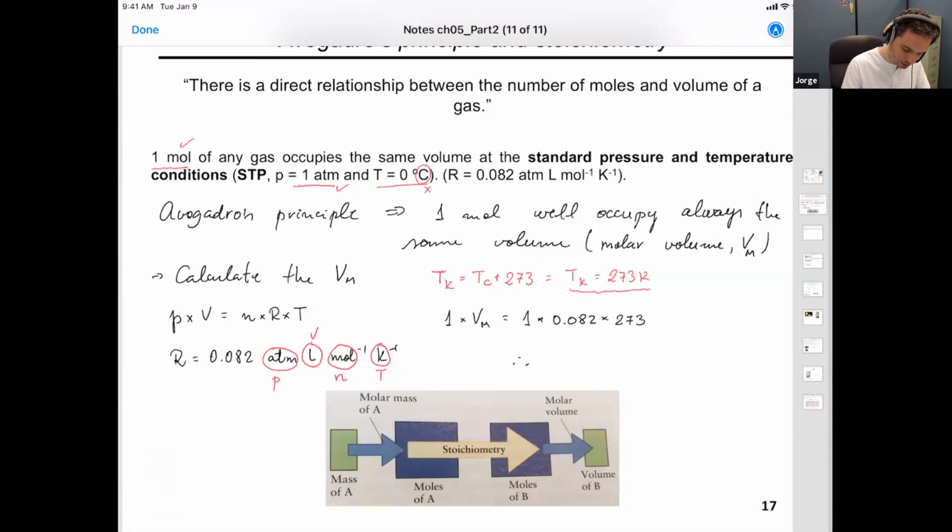Therefore, the molar volume of any gas, no matter the identity of the gas, is going to be 22.4 liters.